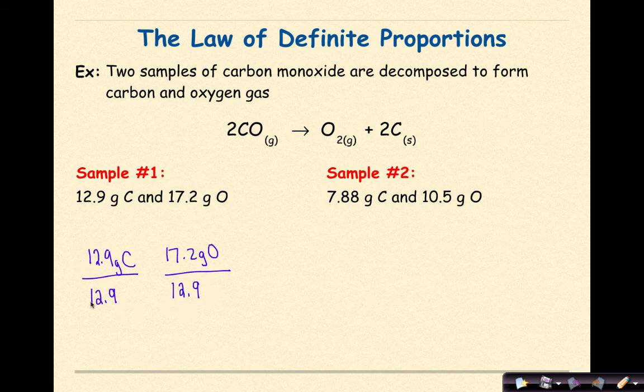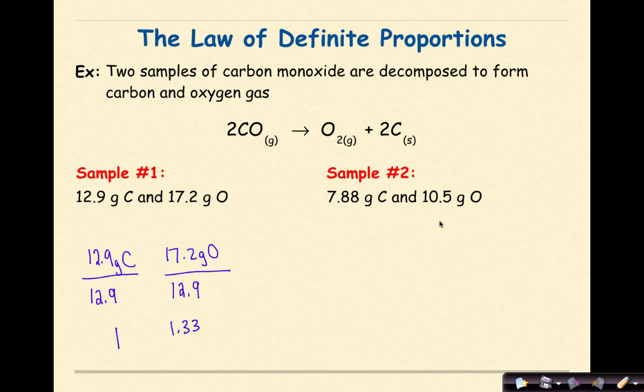And when I do this, 12.9 divided by 12.9 is 1. And when I divide 17.2 by 12.9, I get 1.33. So the ratio here is 1 gram of carbon per 1.33 grams of oxygen. So that's for one sample.